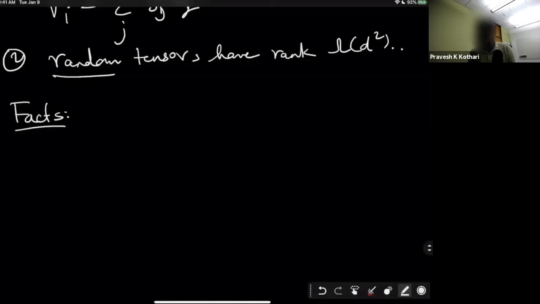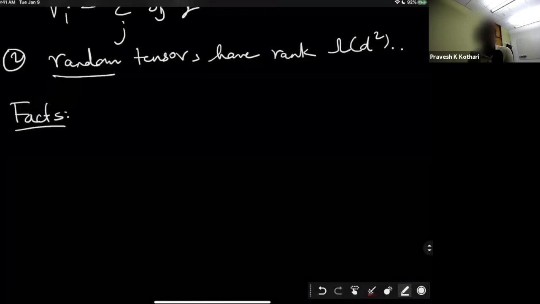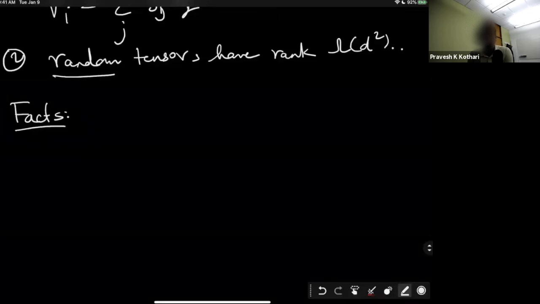What do you think about the complexity of the problem? Given a tensor, compute its rank: is it easy? Does it have a polynomial time algorithm? You are remarkably conservative in making the guesses.